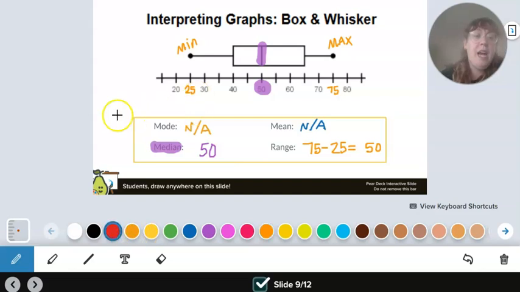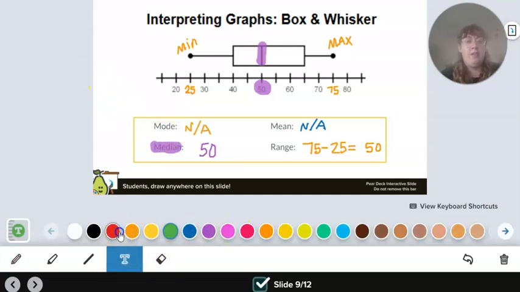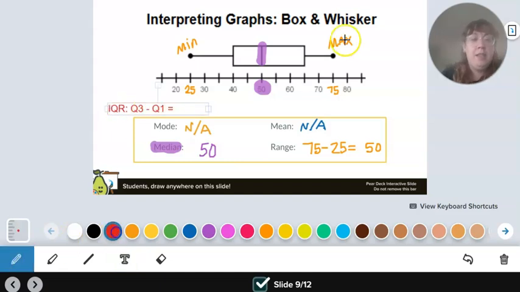We could also find the IQR, just to note. I should have put this on the slide. Hold on, that's messy. So our IQR, which is our Q3 minus Q1, is going to be this. Here's Q3 at 65, and here's Q1 at 40.